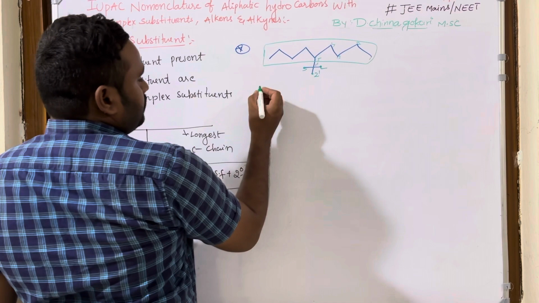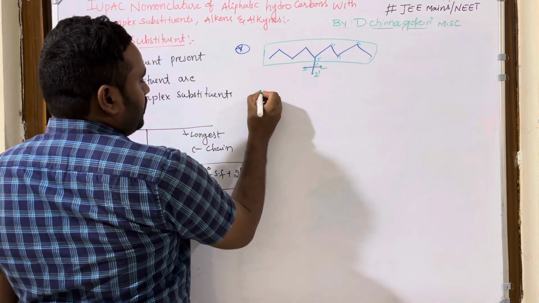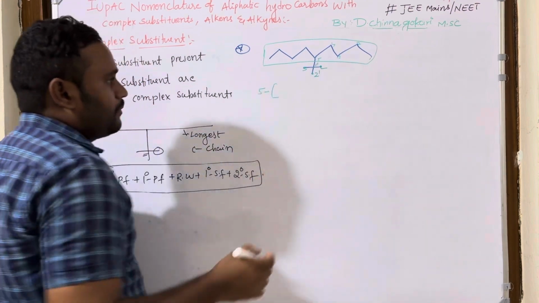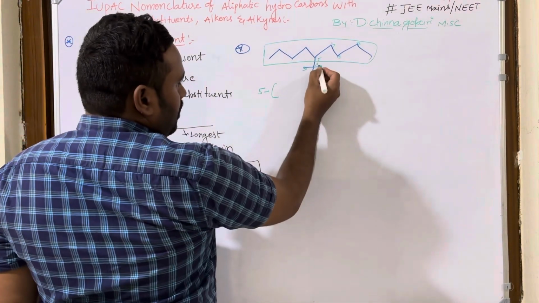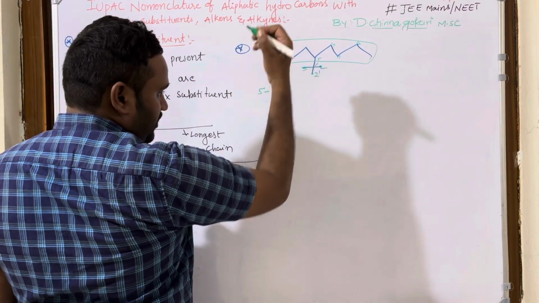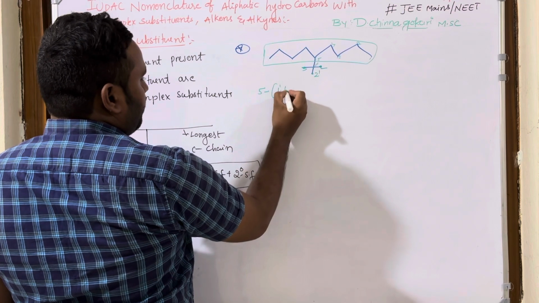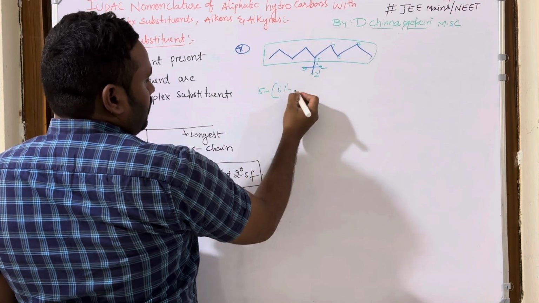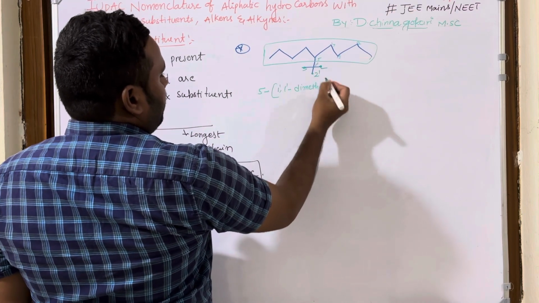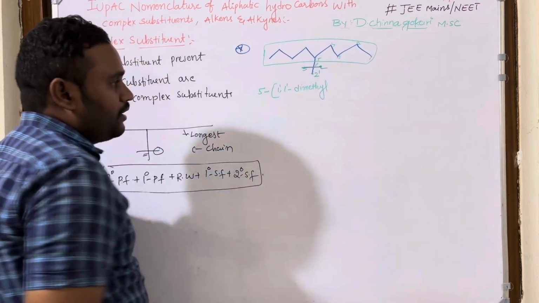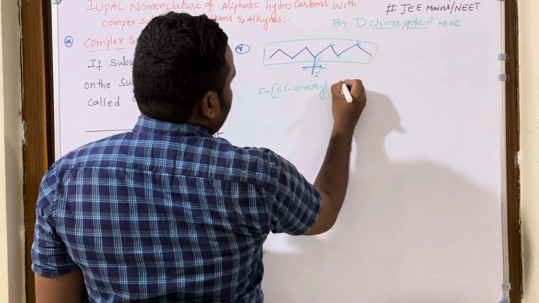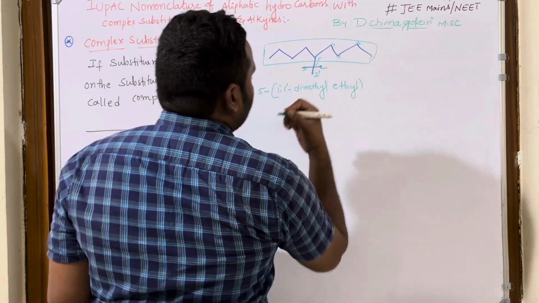Now let us write the name of this compound. First, where is the position of the substituent? Fifth position, 5. So immediately we start a bracket. On this substituent we have 2 methyl groups, at which position? At first position, 1 prime comma 1 prime dimethyl, and in the substituent there are 2 carbons, so ethyl: dimethylethyl.